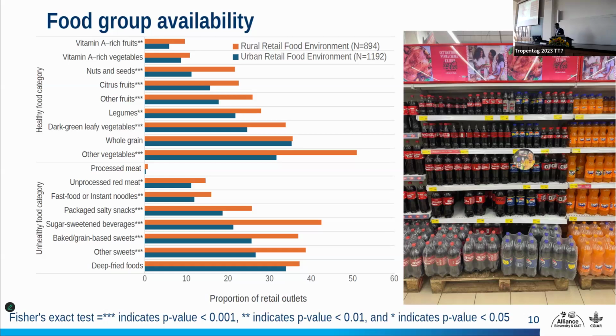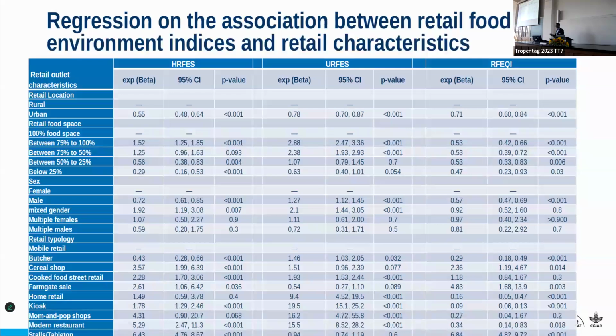Now, if you look at the association between the retail outlets and the food environment quality that we computed, if you look at the healthy food groups, which is represented by HRFES, that is Healthy Retail Food Environment Score, the rural setup across will favor availability of healthy food groups.